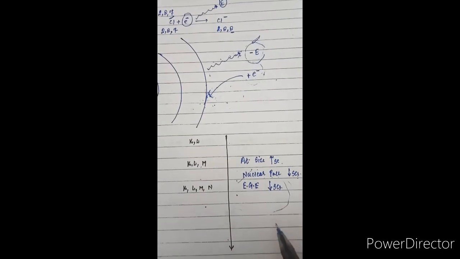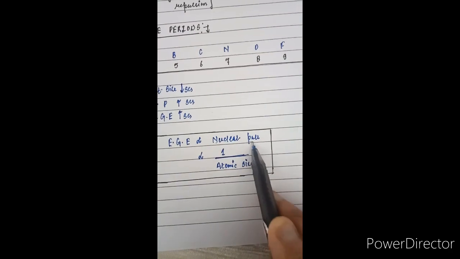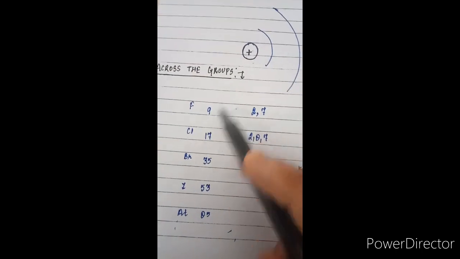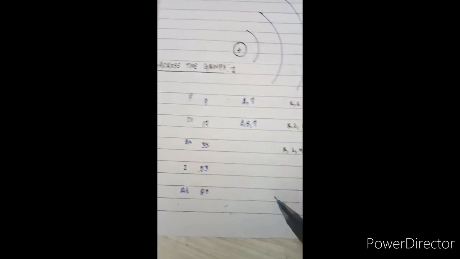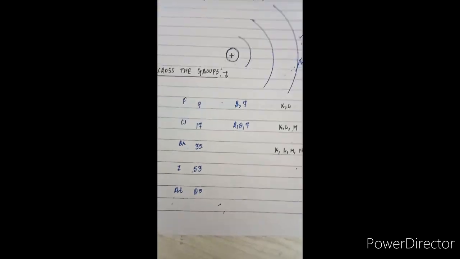So we can say that electron gain enthalpy is directly proportional to nuclear pull and inversely proportional to atomic size. So from top to bottom in any group, the electron gain enthalpy decreases, because nuclear pull decreases, or we can say atomic size increases.